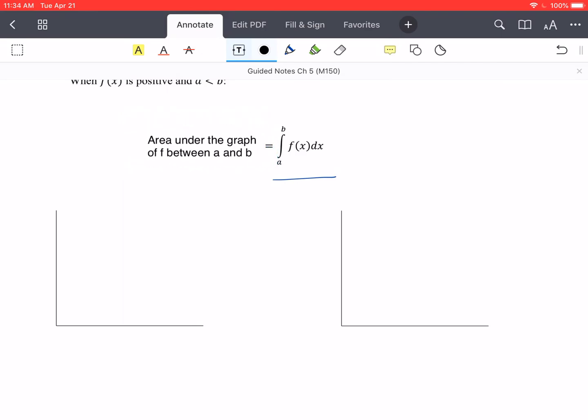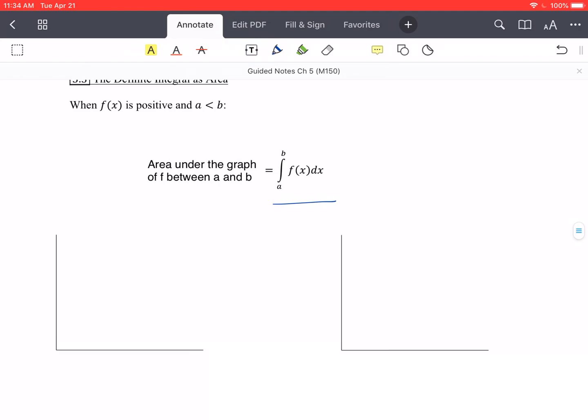So this is what the integral is going to give us, assuming that we have a positive function, and a being less than b. So the area under the graph of f between a and b is going to give us the integral.